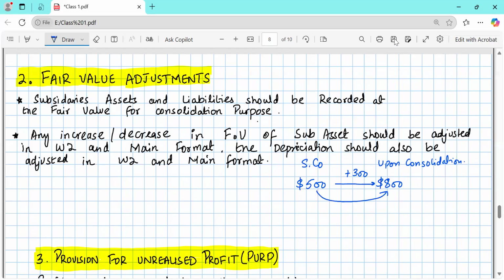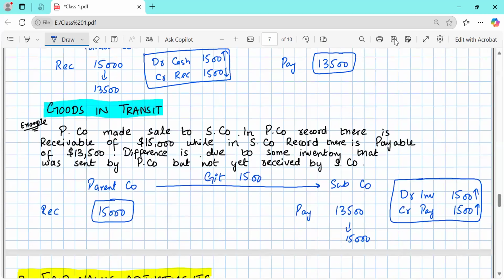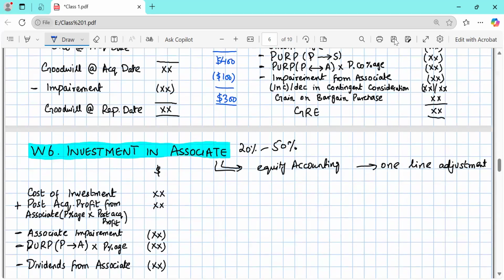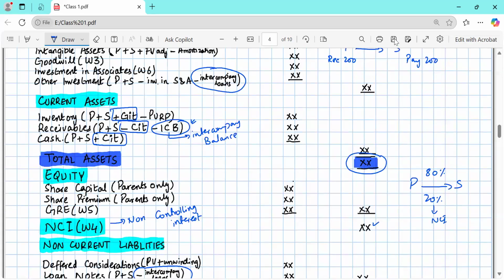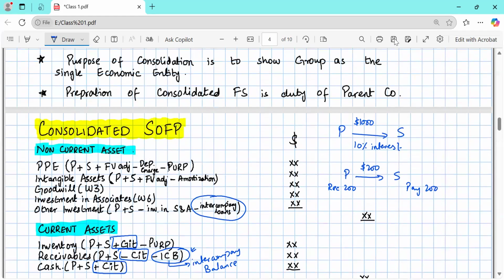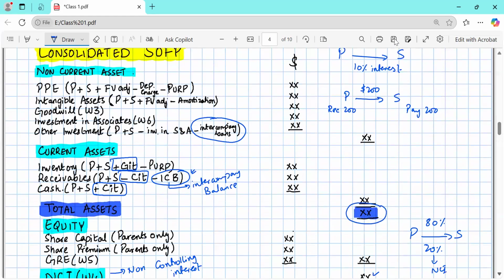That is why you can see here first in the main format, because it is the value of the assets that is going to increase, so you will add the fair value adjustment here. Parent's asset plus subsidiary asset plus fair value adjustment, which in the example that I gave you is 300.